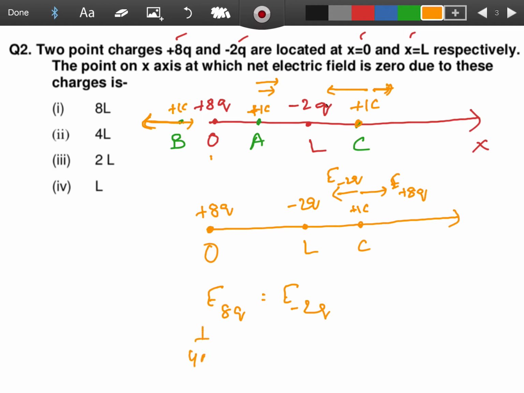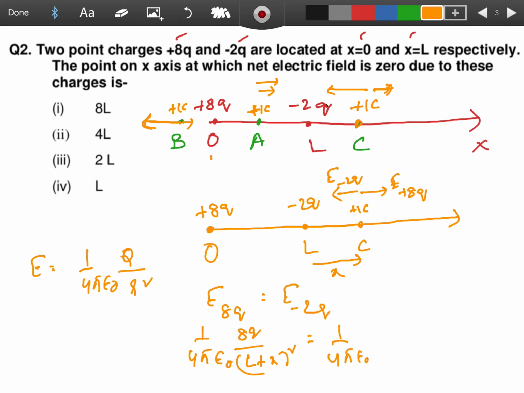The formula for electric field is 1/4 pi epsilon naught q/r². So here the charge is 8q, and what is the distance of 8q from O to C? Let us suppose this is x. From here to here is L. So L plus x whole square equals 1/4 pi epsilon naught 2q by x square.